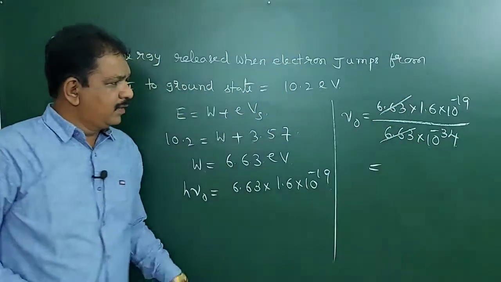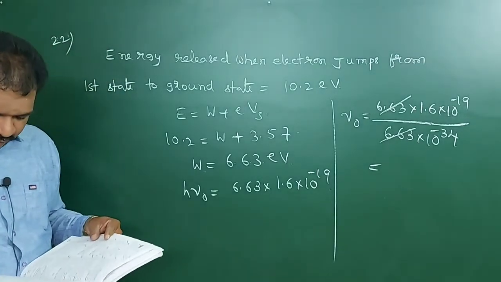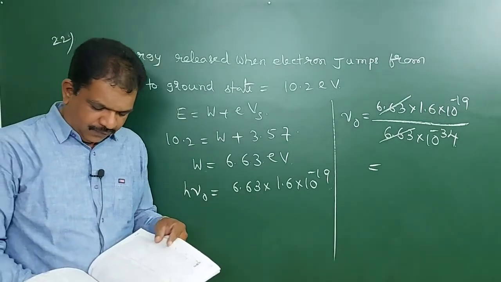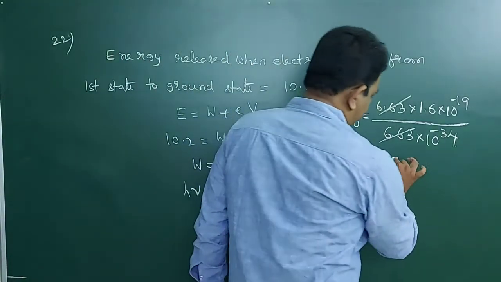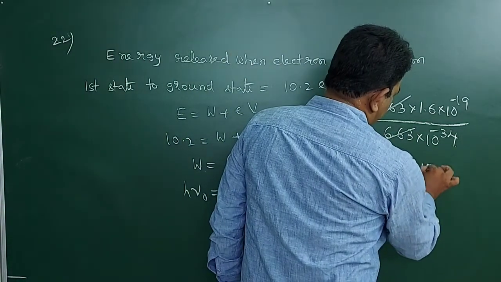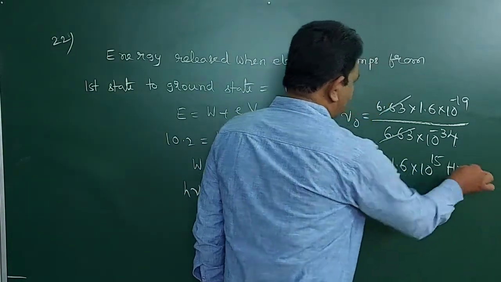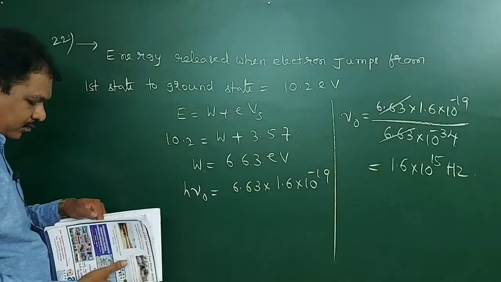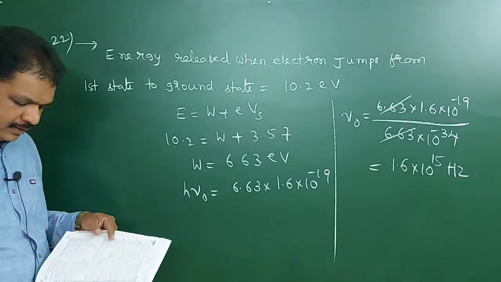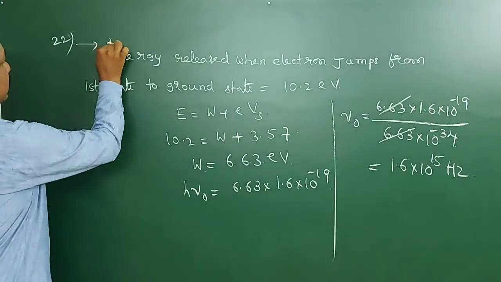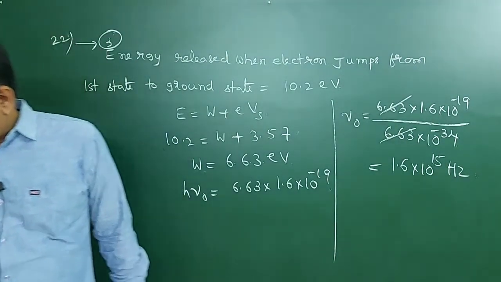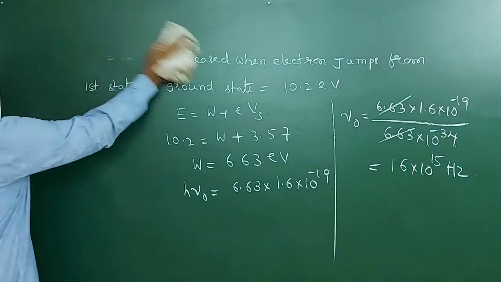These two values will cancel. Then 1.6 into 10 power 15 hertz. So the option for this, question 22, will be the third option, isn't it? Okay. Next question, 23.